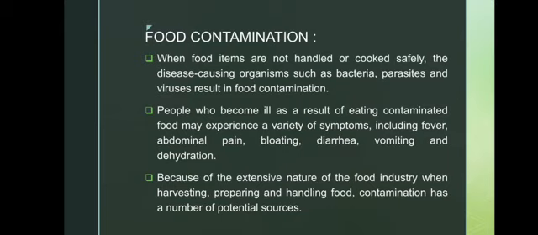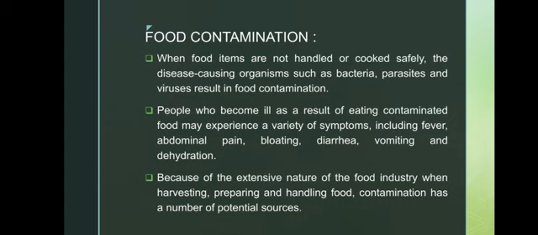The food industry is a vast area because it starts right when the raw product is produced, and it is transported to the processing industry, and it is processed, cooked, served, and again transported if necessary. Because of this extensive nature of the food industry, food gets contaminated easily, and there are a variety of sources.